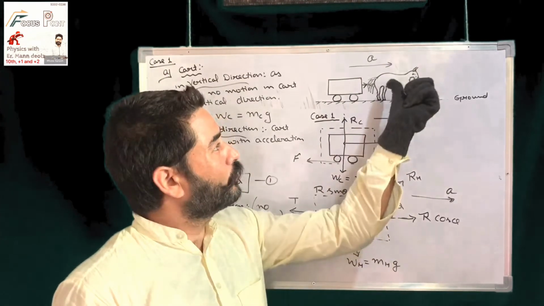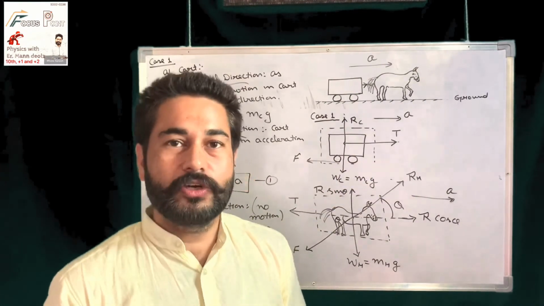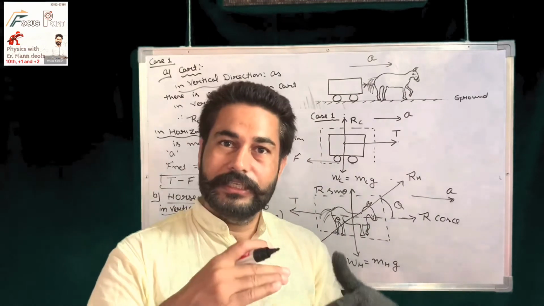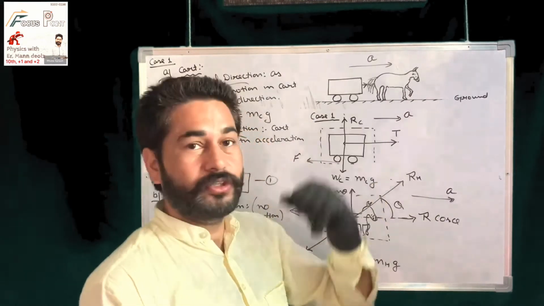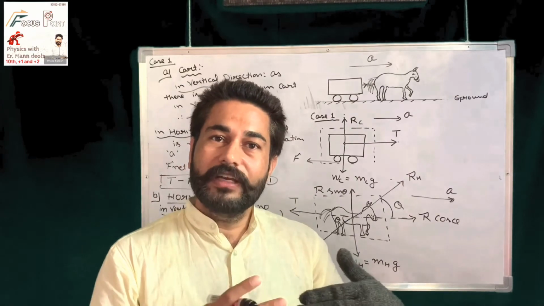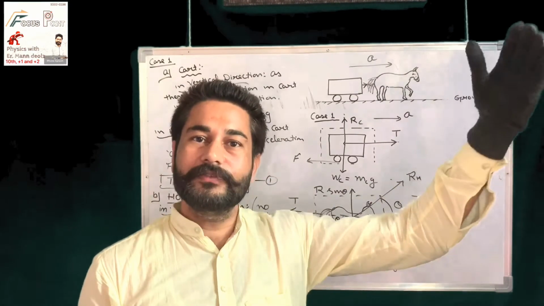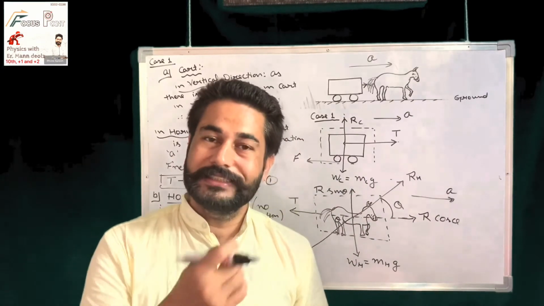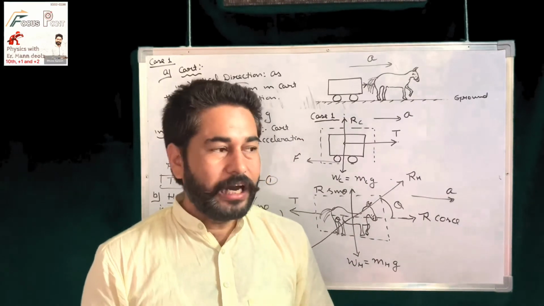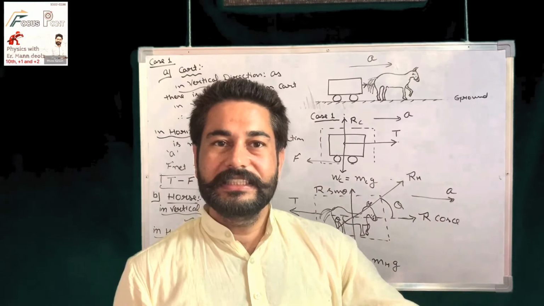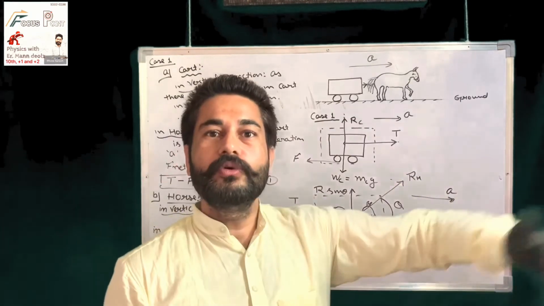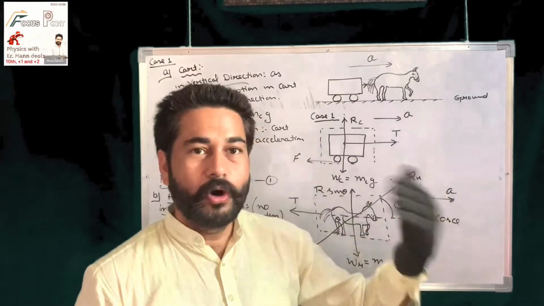Second case: suppose we take the acceleration of the horse less than the acceleration of the cart. Now the acceleration of the cart is more, so it will cover more distance because its velocity keeps increasing at a higher rate. After some time, the cart will cover more distance as compared to the horse.